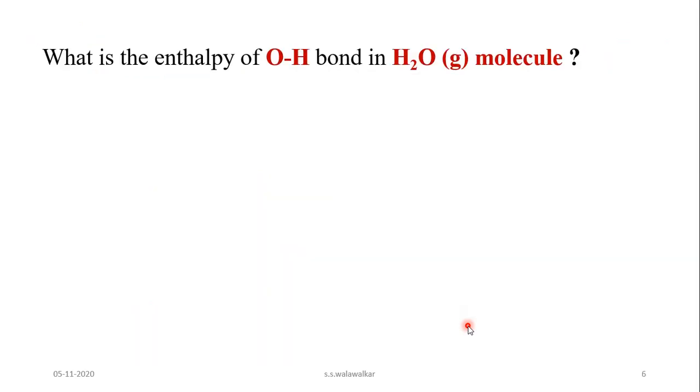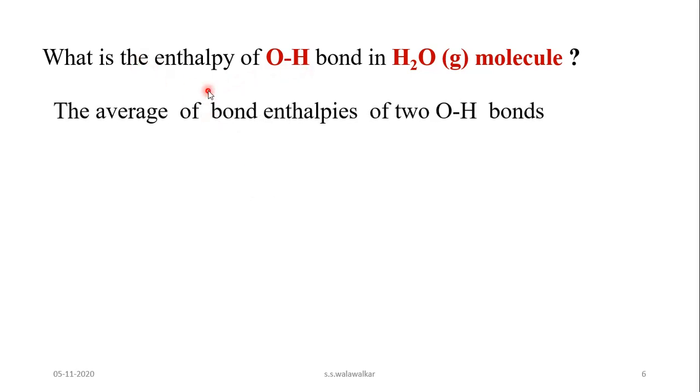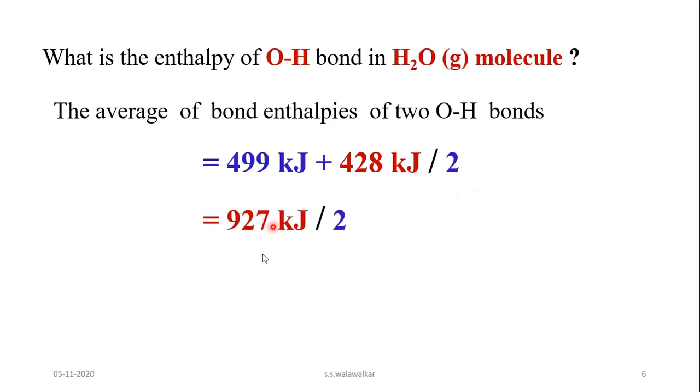So how to calculate the enthalpy of OH bond in water molecule? So see here, you have to take average. The average bond enthalpy of 2 OH bonds. That means 499 plus 428 divided by 2. 2 means number of bonds, and that is equal to 927 divided by 2, and that is equal to 463.5 kilojoules.